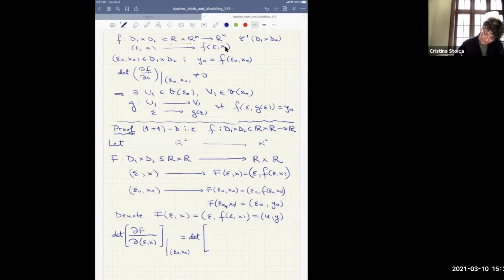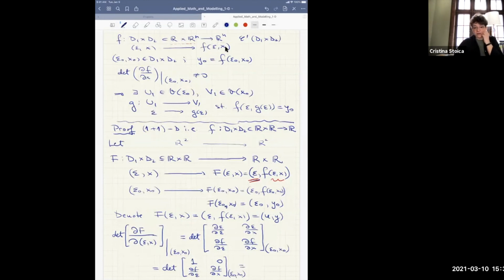We have ∂ε/∂ε, ∂ε/∂x, and then ∂f/∂ε, ∂f/∂x. So this is the determinant of the matrix with rows 1, 0 and ∂f/∂ε, ∂f/∂x at (ε₀, x₀).